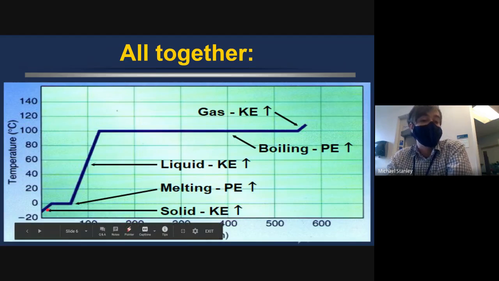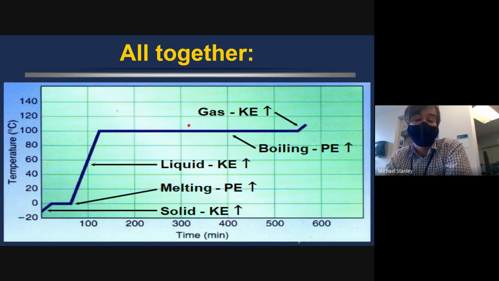So we start off with our solid. It then goes through the melting phase change and becomes a liquid. That liquid starts to heat up until eventually it starts going through the vaporizing or boiling phase change to become a gas, at which point that gas will start to heat up at the end.